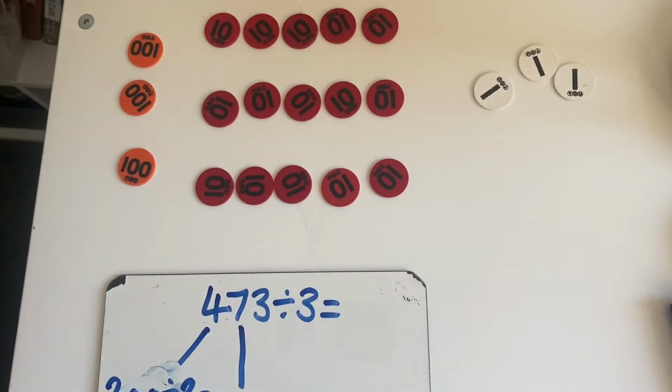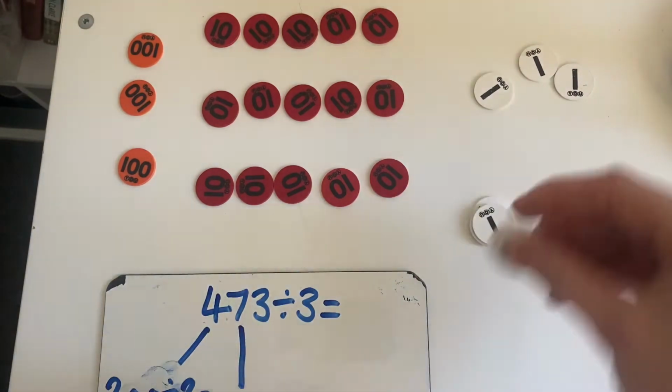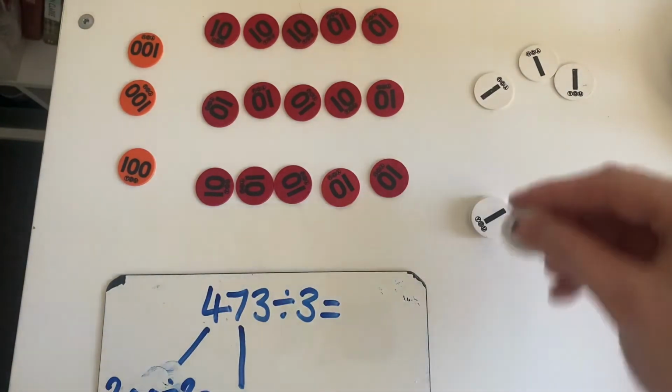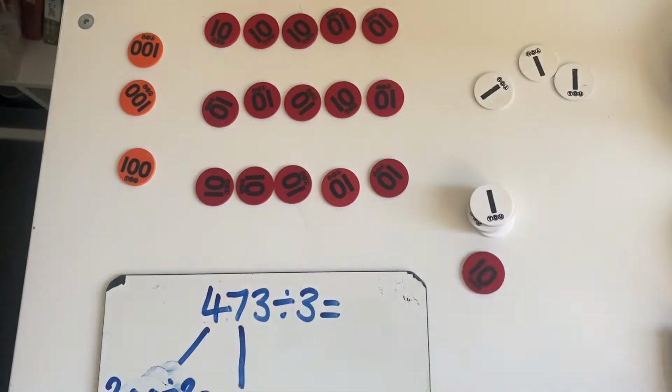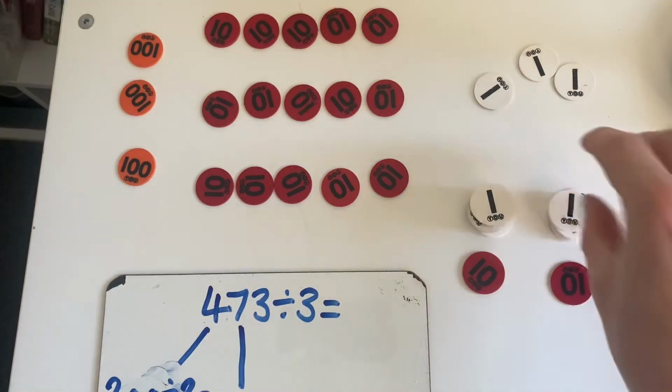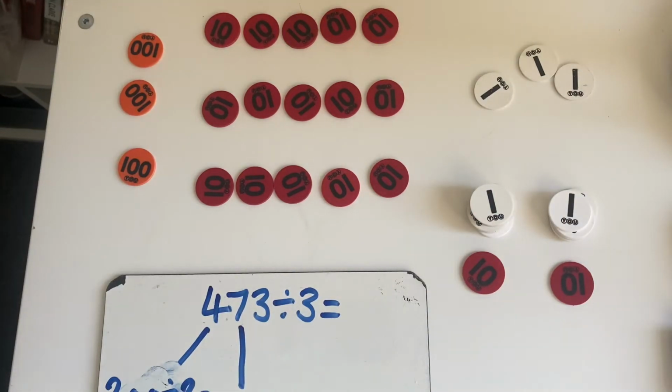So we've got 1, 2, 3, 4, 5, 6, 7. There's 1 10 for that 10, and then we need to find another 10. There's 6 there, and then there's another 4.